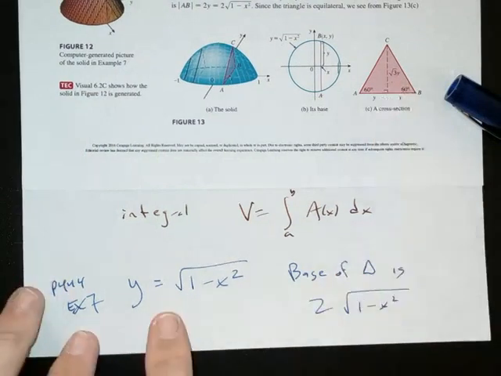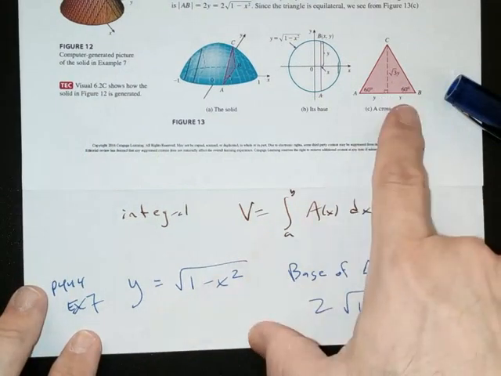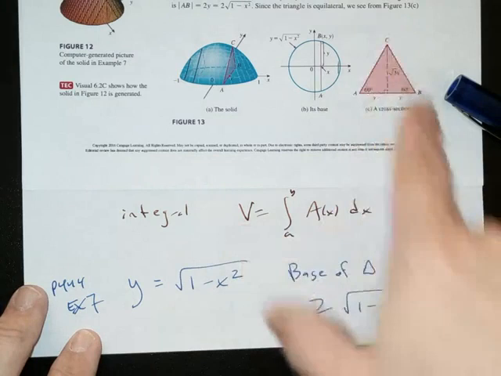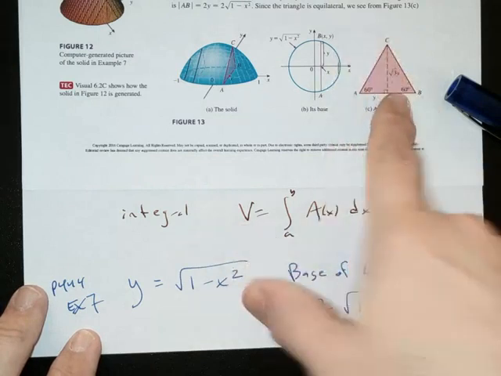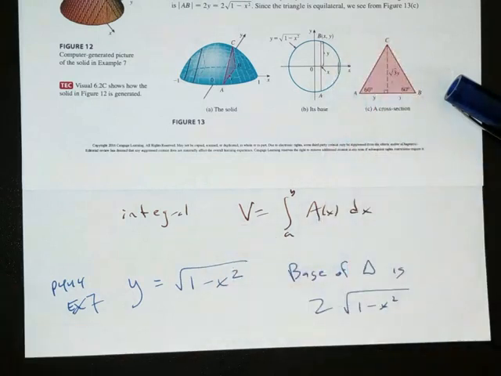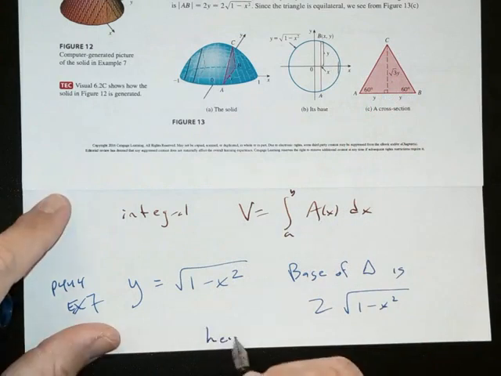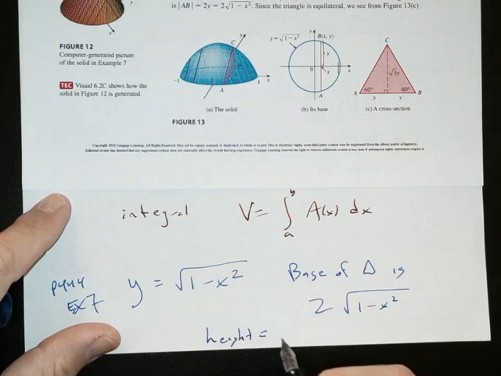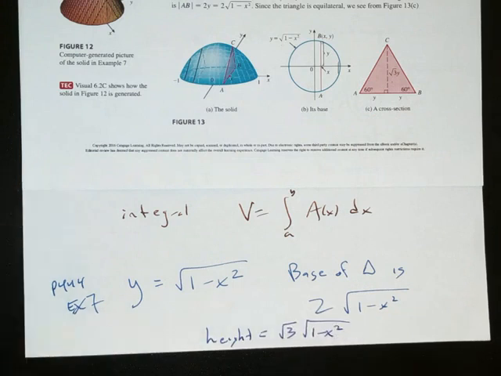Or I take the y, which is this side, plus unknown equals, I don't know the length of this side, do I? See the problem? So it's easier to do it this way. And then the height is square root of 3 times the square root of 1 minus x squared.